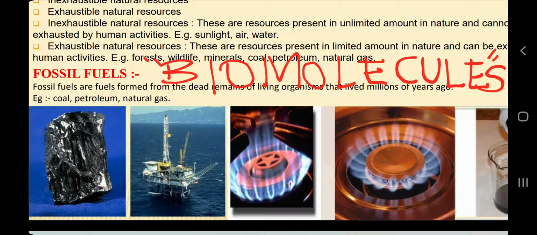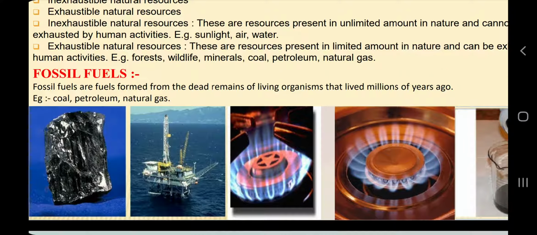That is why when it comes to food we are dependent on other organisms, and when it comes to fuel we are again dependent on other organisms but in modified form. So fossil fuels are nothing but remains of other organisms which lived in the ancient past. Okay, so coal, petroleum and natural gas are majorly the fossil fuels.